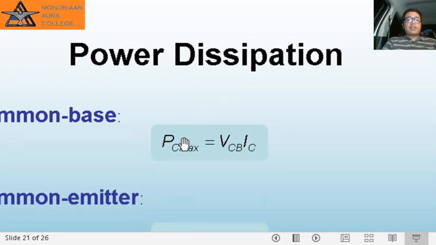Ang equation natin dyan ay PC max or the maximum power dissipation equals VCB times IC. Bakit kaya VCB times IC yung ginamit natin? Kasi ang VCB sa common base is output voltage, while I sub C is output current. So basically, ang ating maximum power dissipation, ang ginagamit natin dyan ay ang output parameters natin.